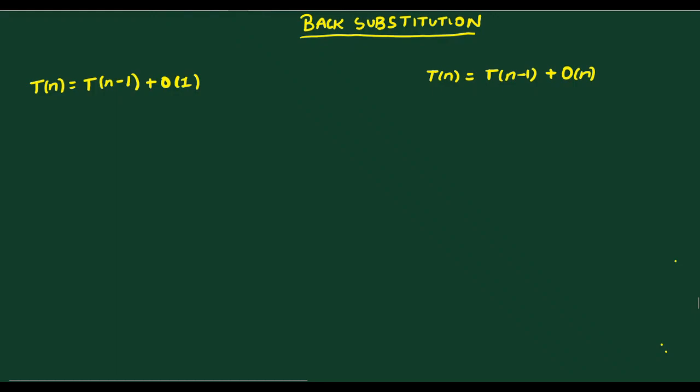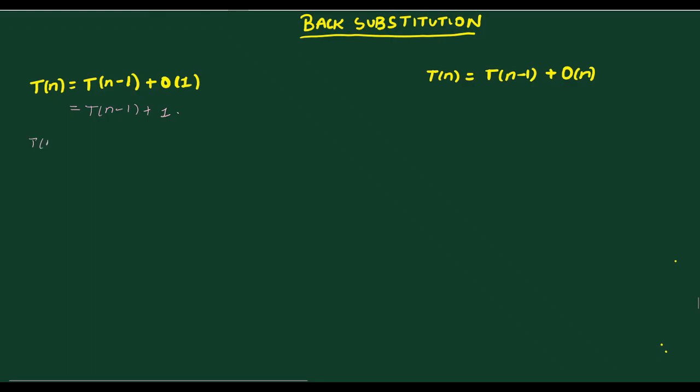Okay, so to understand the back substitution method, let us look at these two particular examples. In the first example, we have a recursive equation t of n equals t of n minus 1 plus big O of 1. So let us write it as t of n minus 1 plus 1, right?